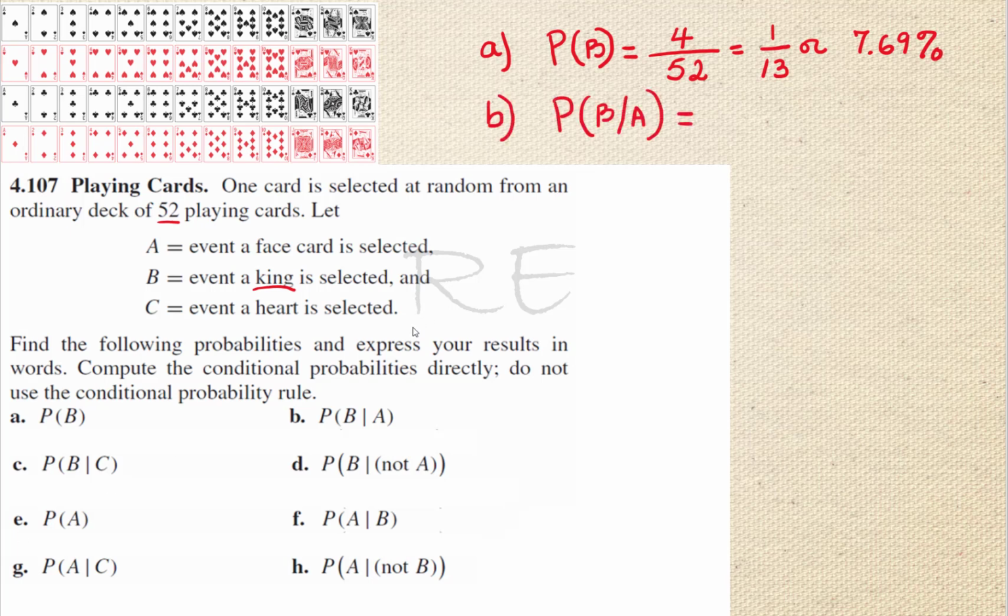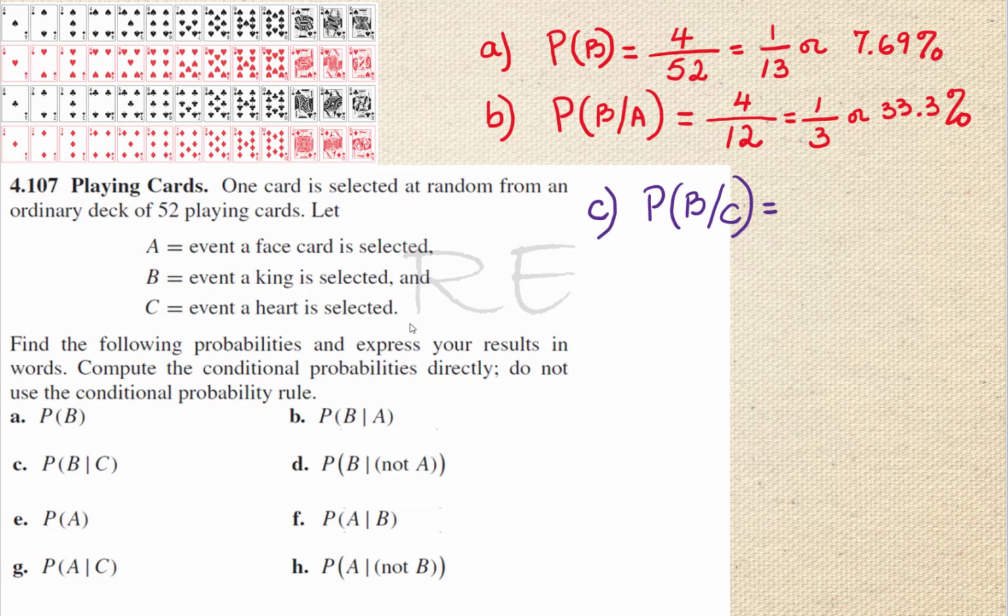B, the probability of getting B given A. Probability of getting a king given a face card. How many face cards do we have? Well, we have 12 face cards. How many kings do we have in those 12 face cards? 4 kings. So it's 4 over 12, which is 1 over 3, 1/3, 33.3%.